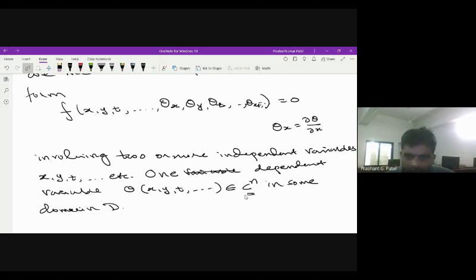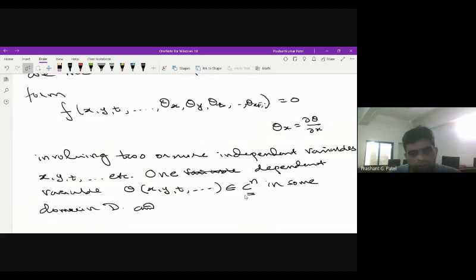And what is this Cn? Cn is the set of all functions whose continuous partial derivatives of all orders exist.